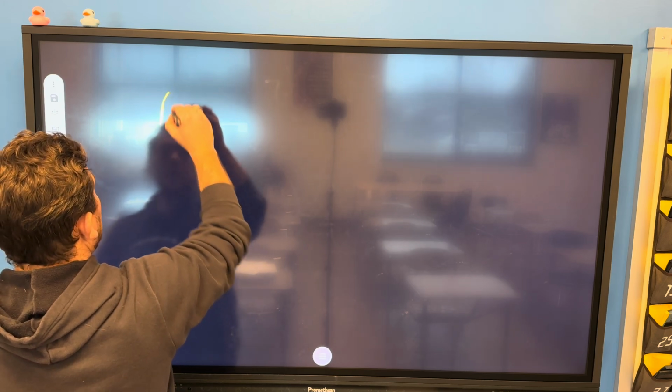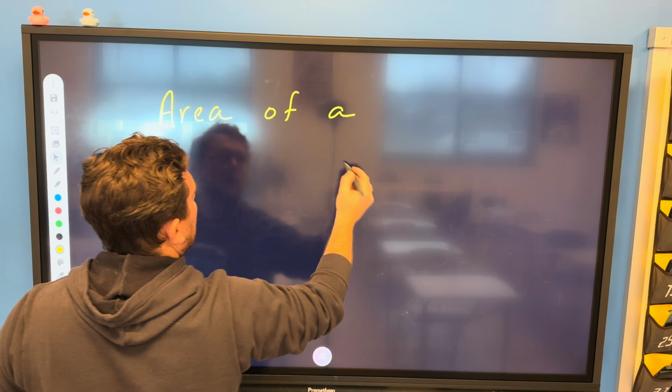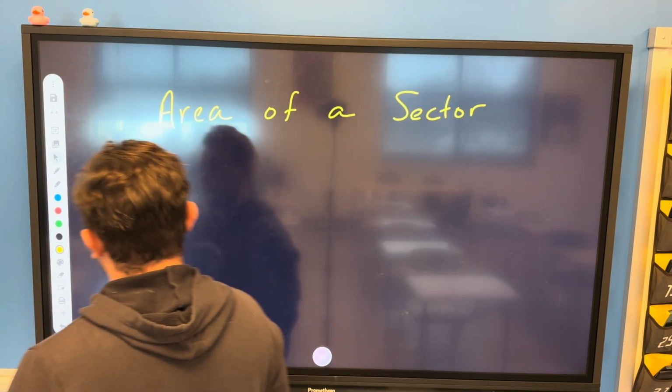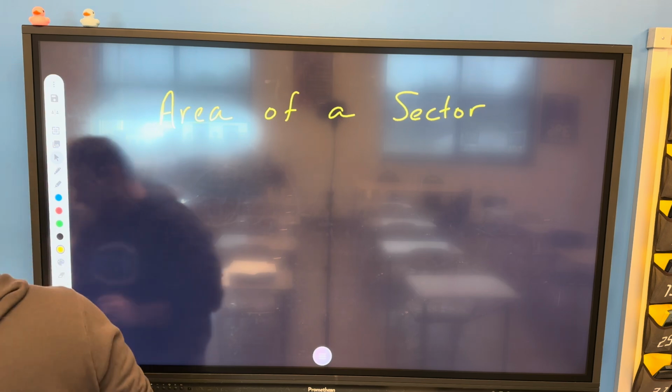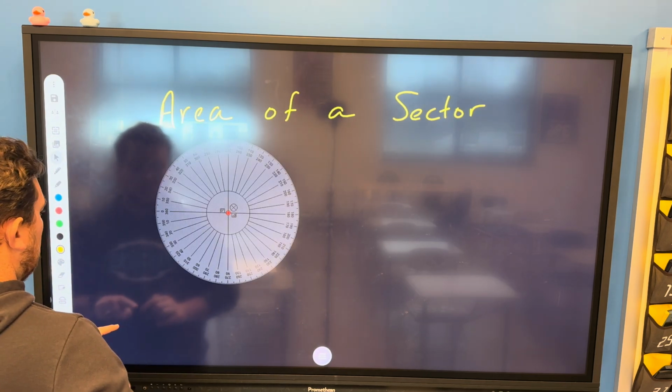All right, let's look at area of a sector. So area of a sector, very similar to the thing we just talked about.